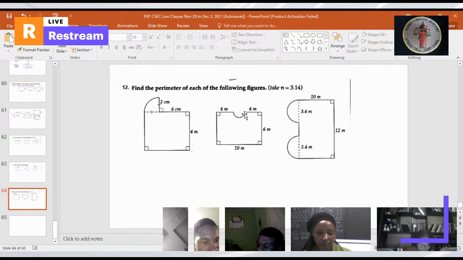Miss, the diameter is 2, straight across here. So 2 times 3.14, and if we divide it by 2, we end up with 3.14, right? Okay, so this is 3.14. So add that now to the 4 and the 4 and the 6 and the 6 and the 10.